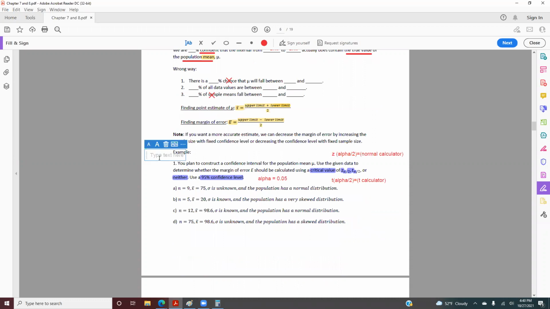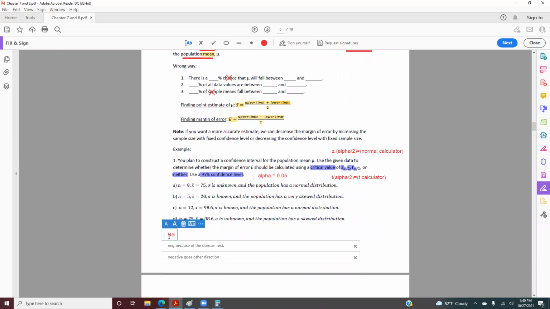You will only use neither when your population is skewed, or in this case, not normal, and your sample size n is small, which in this case is less than 30.